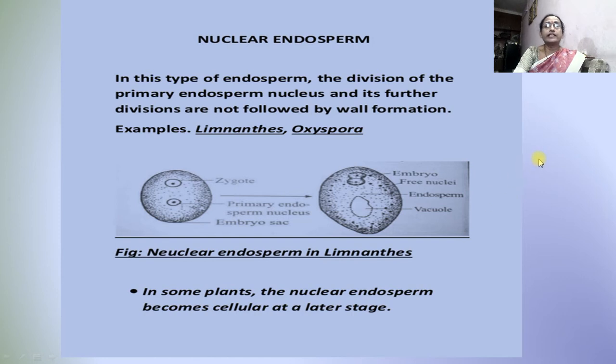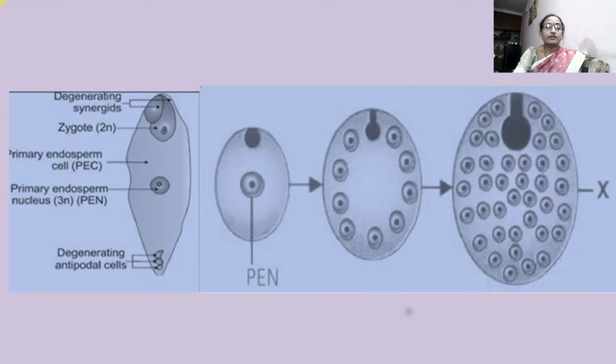Nuclear endosperm. In this type of endosperm, the division of the primary endosperm nucleus and its further divisions are not followed by wall formation, and therefore many nuclei are present in the embryo sac. But in some plants, the nuclear endosperm becomes cellular at later stages. Here we can see, this is the embryo sac, and this is the double fertilization stage, this is the egg, and this is the synergid, and fertilization occurs and zygote is produced here.